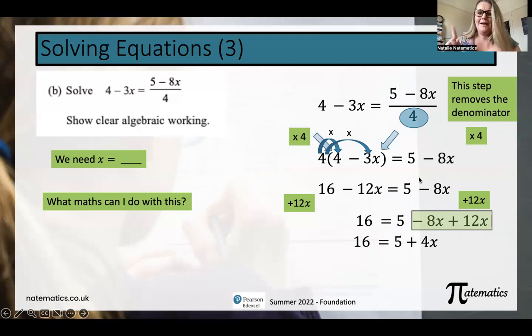Something I don't think I've mentioned in this whole video is that you can't combine these. You can combine them if you knew what x was. So if you had an equation and you were substituting in a value of x, then you could simplify it better.